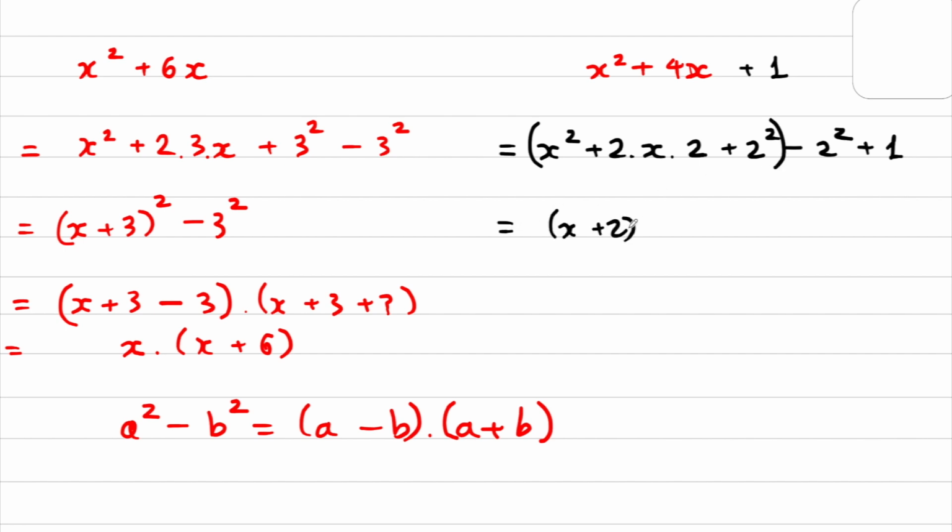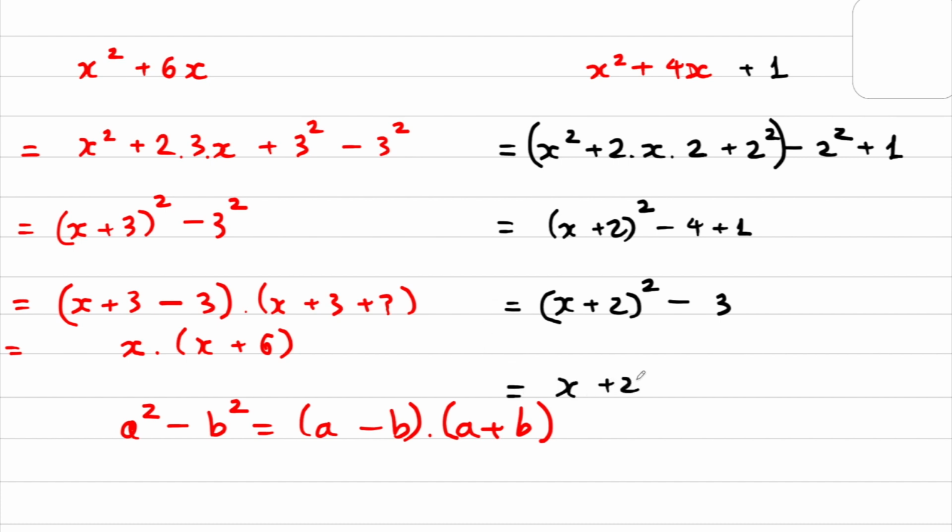You get (x plus 2) squared. Outside you get minus 4 plus 1. This means you get (x plus 2) squared minus 3 here. That's like the previous video. You understand this question, right?